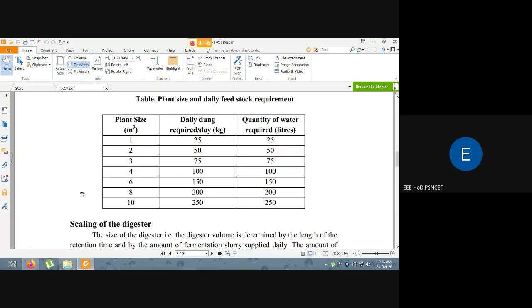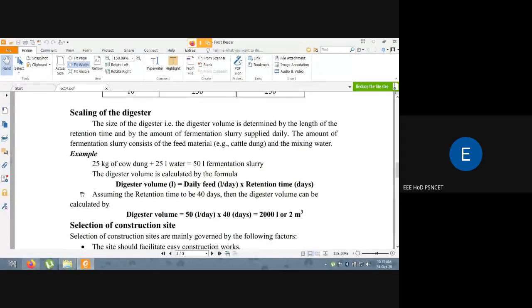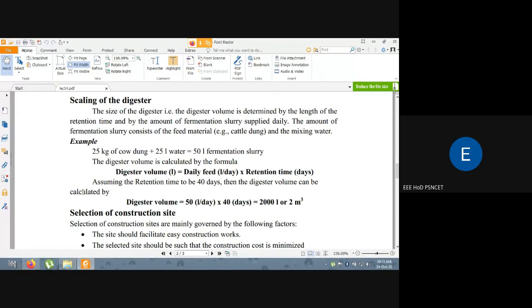Then scaling of the digester. The size of the digester, that means the volume, is defined by the length of the retention time and the amount of fermentation slurry applied daily. It has been found from this example, 25 kilograms of cow dung along with 25 liters of water.